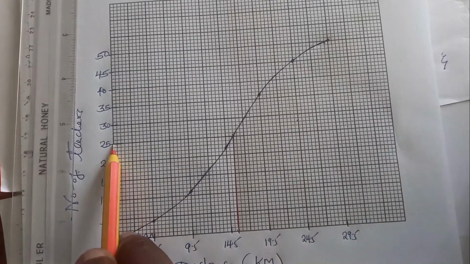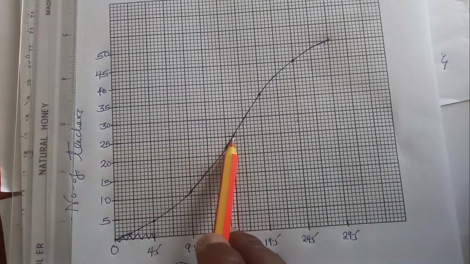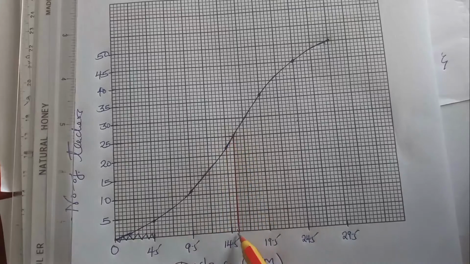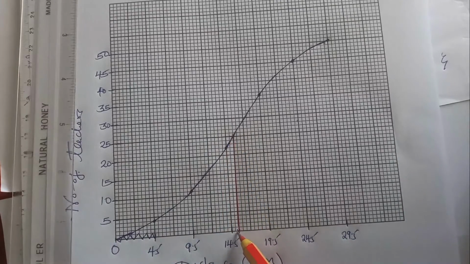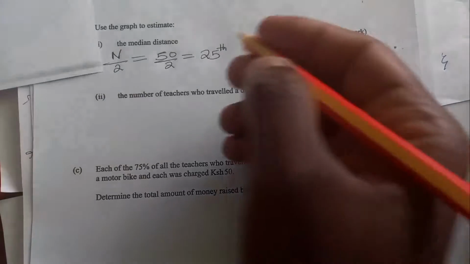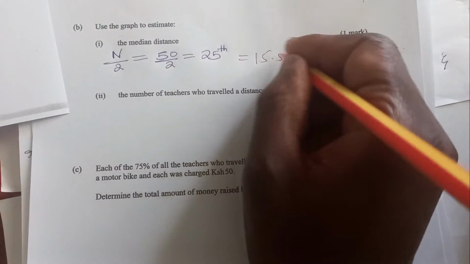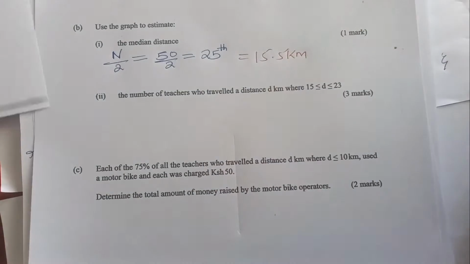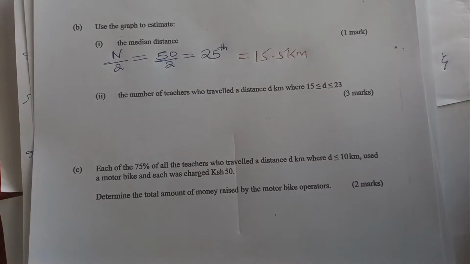So you draw a straight line from the 25th teacher to the point where it touches the curve, drop down and read this value. This is 15.5. So therefore the median distance is 15.5 kilometers.